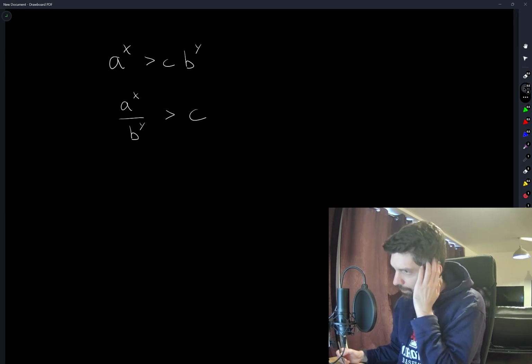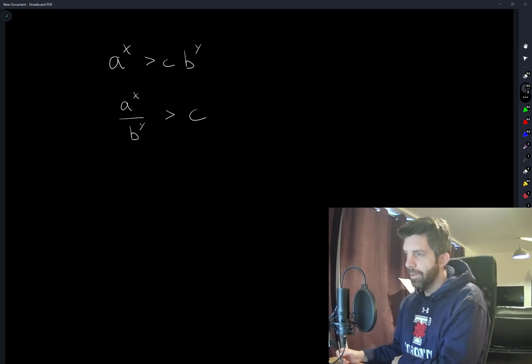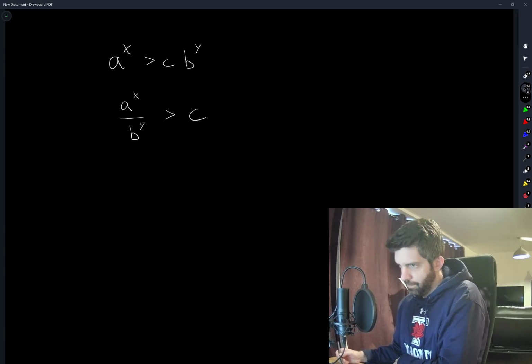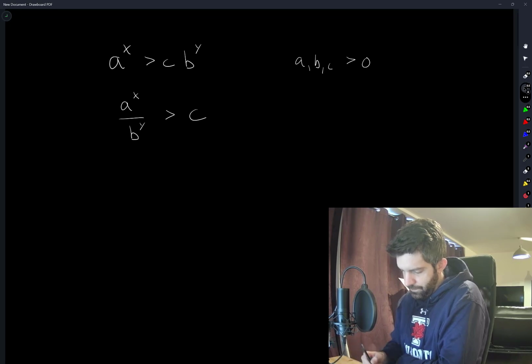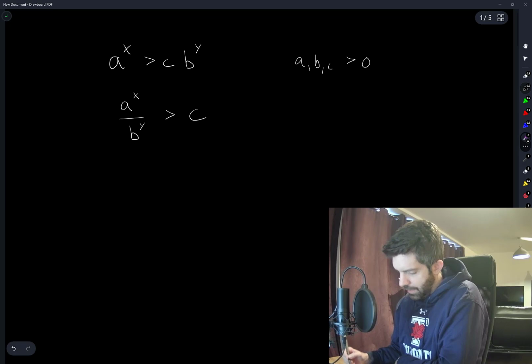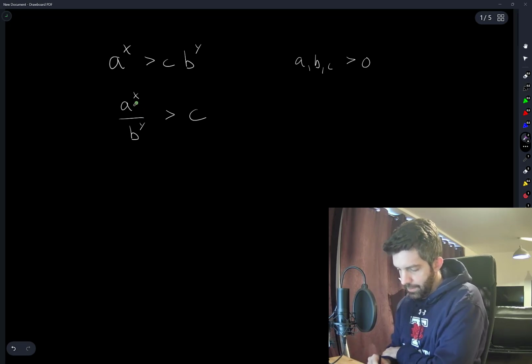Maybe instead taking a logarithm of both sides would help. A, B, and C are positive. I would like to write everything either in terms of a common base, A and B, or in terms of a common power, X and Y.